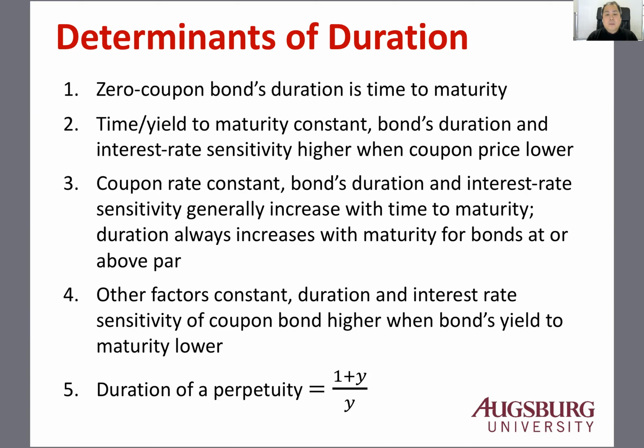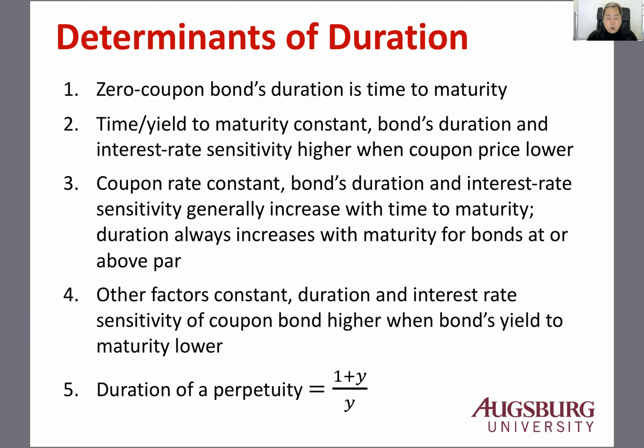So if the bond is a par bond or premium bond, it always increases. Other factors constant, duration and interest rate sensitivity of a coupon bond are higher when the bond yield to maturity is lower. It's basically the same explanation that we saw in the first one: when YTM is lower, the interest rate sensitivity is higher, which means duration should be higher.